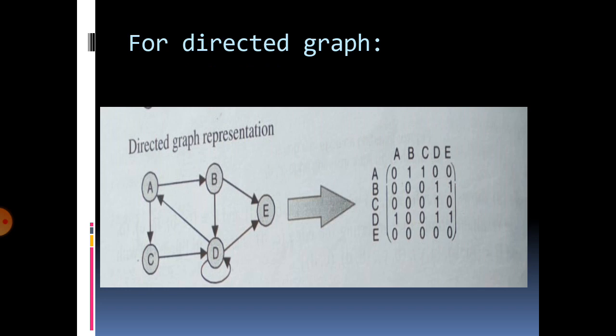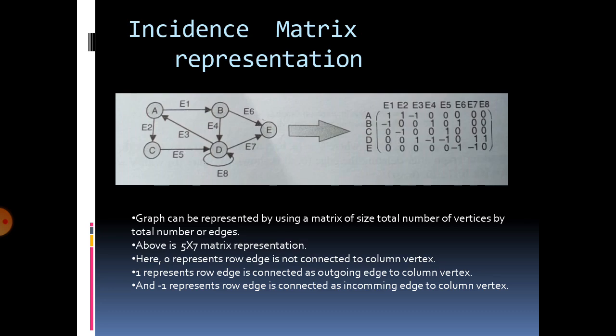But here -1 stands for the incoming direction. So 1 represents that the row edge is connected as an outgoing edge to the column vertices, and -1 represents that the row edge is connected as an incoming edge to the column vertices. 0 you can understand as not having any edge. -1 stands for an incoming edge in the directed graph.